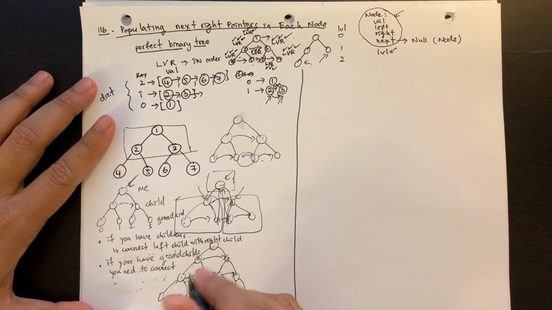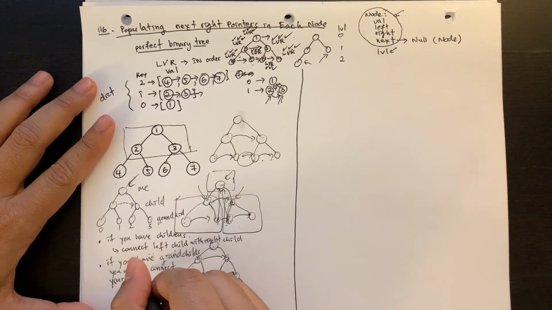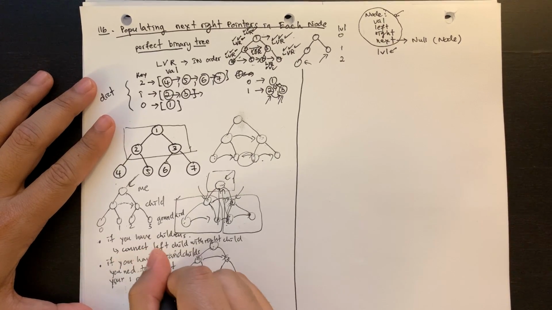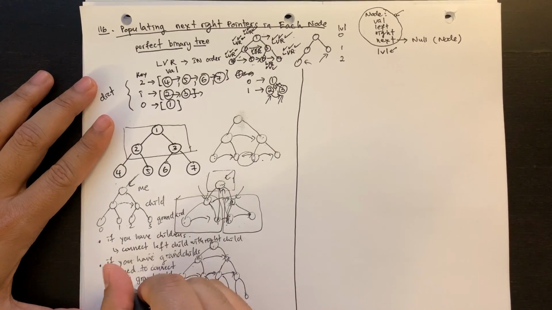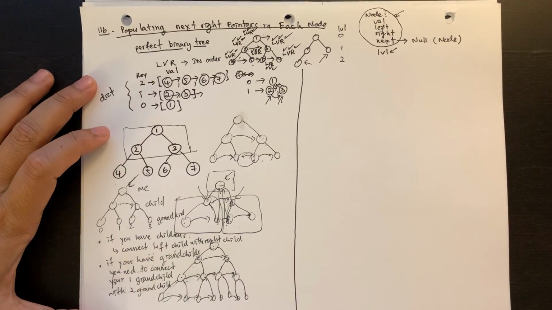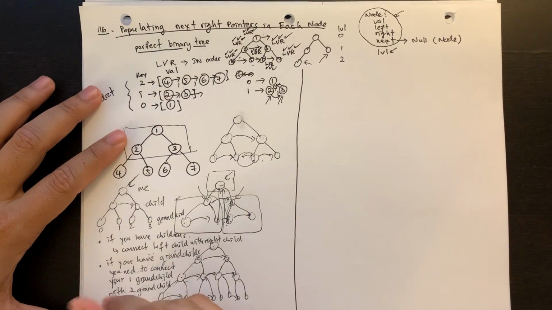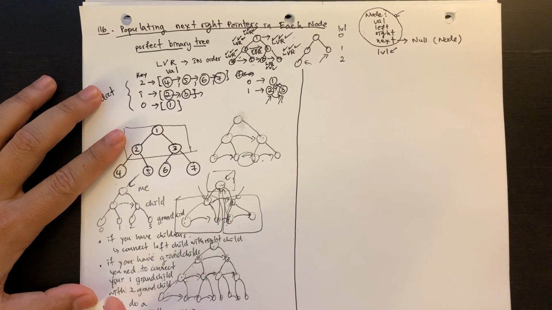You need to connect your one grandchild with your two grandchild. Then do a recursive call on your children.